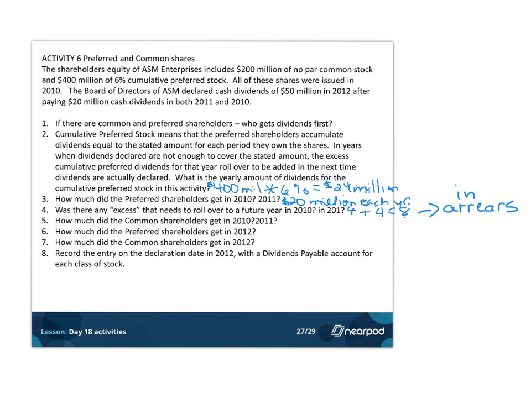Okay, there's 8 million dividends in arrears. All right, how much did the common shareholders get? Well, the preferred shareholders get their money first, and if there's not enough to pay them, the common shares are going to get nothing. So in each of those years, they got nothing. Now we come to 2012, and in 2012, they declared 50 million.